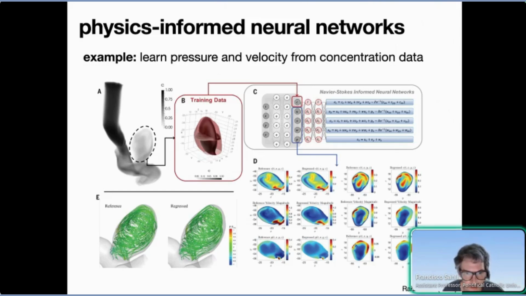So this is one of the early papers where they train a neural network to learn the velocity and pressure of this aneurysm just by looking at some concentration measurements. Here you can see the key difference, that now the network will also be trained, in this case, by the Navier-Stokes equations, which are the ones that govern the physics of a fluid.